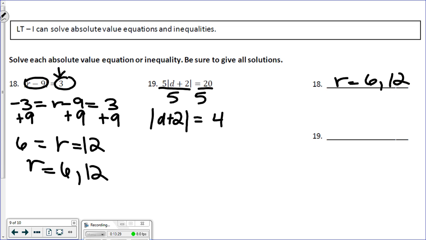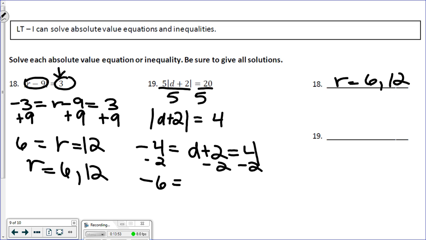I'm going to take the opposite of 4 and set it equal on the other side. Now I lose my absolute value symbols to get an equation that I know how to solve. I need to get 2 away from d, so d is alone. So d has 2 answers. D could equal negative 6, or d can equal 2.